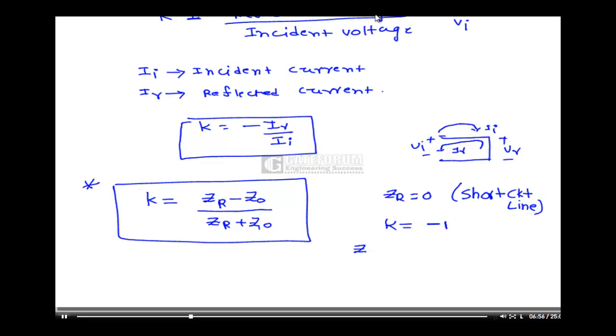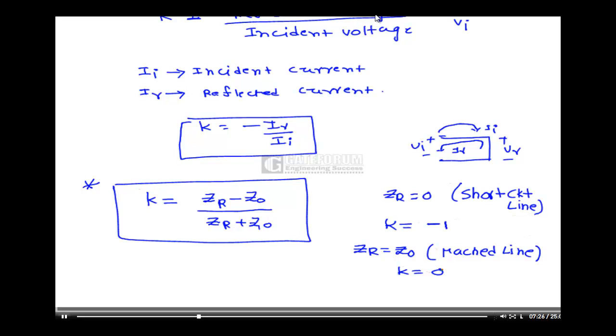Suppose ZR is equal to Z0. ZR equal to Z0 means a matched line. Then what is the K value? K is equal to 0, because Z0 minus Z0 by Z0 plus Z0, and Z0 minus Z0 is equal to 0. If a line is terminated with its own characteristic impedance, then the reflection coefficient is equal to 0.